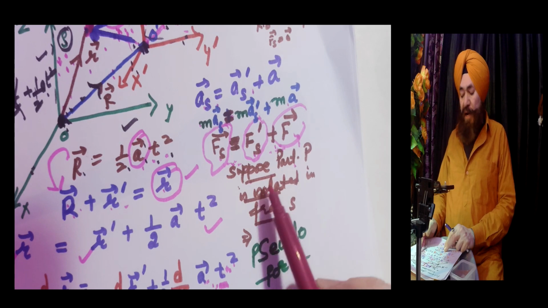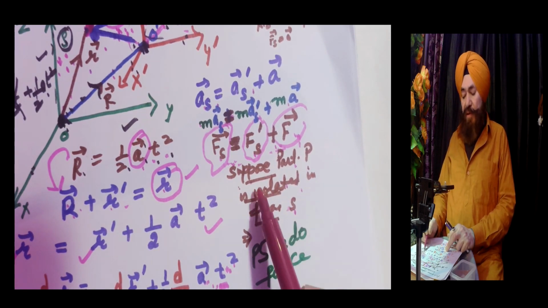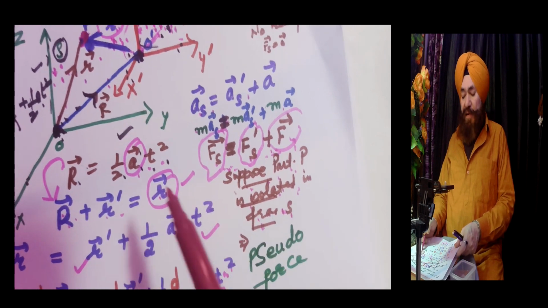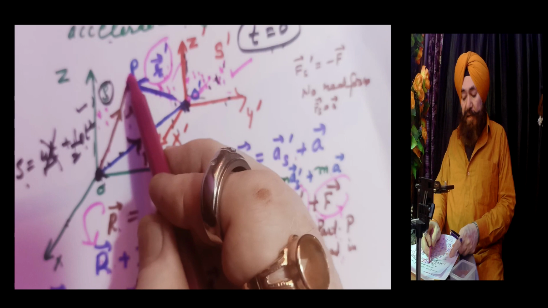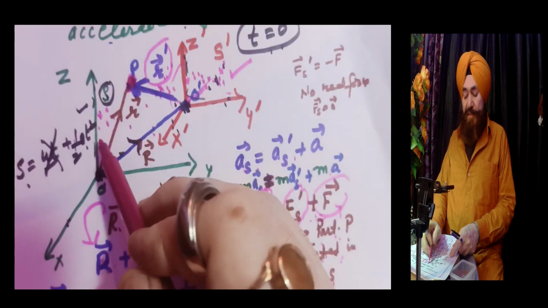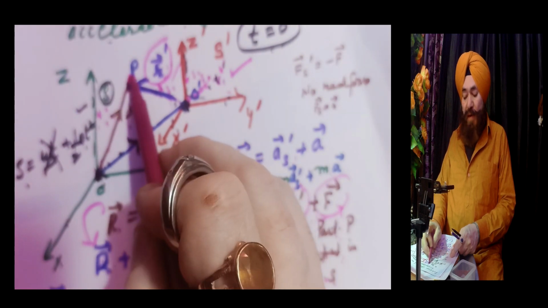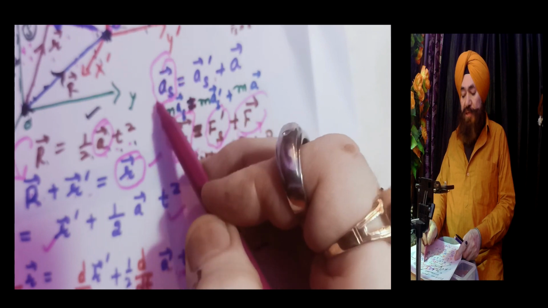Now suppose point P is isolated in frame S. Isolated in frame S means the particle is at rest with respect to S, meaning no velocity, no acceleration, so this AS equals 0.